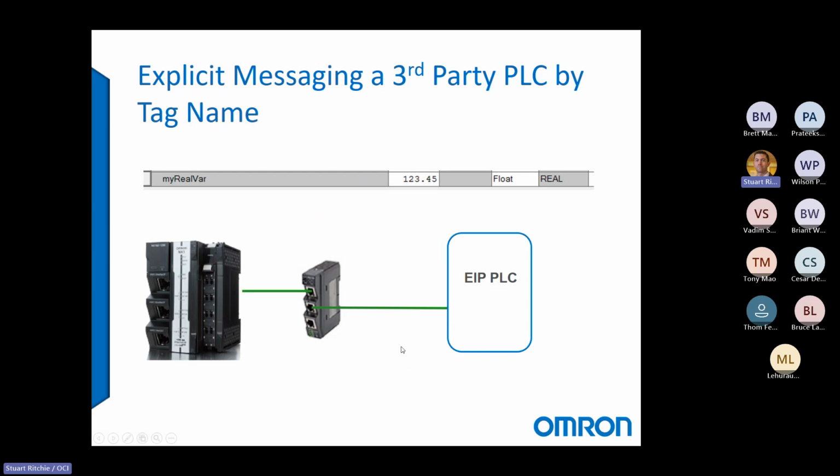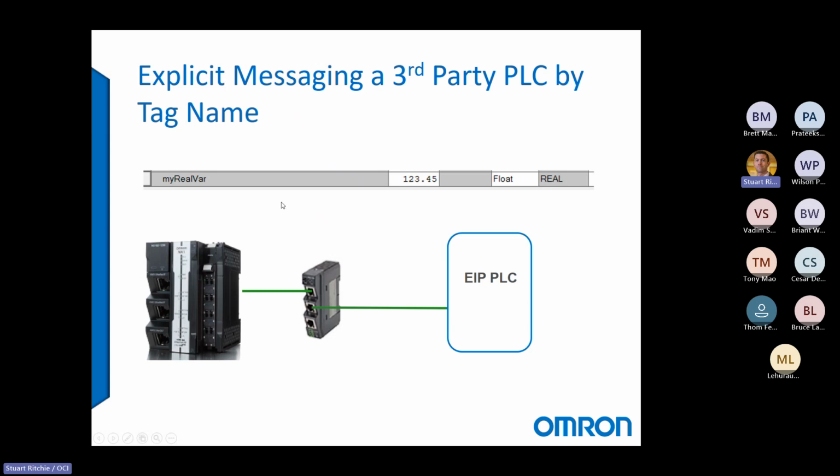So instead of specifying an address, we can actually specify the name of a tag in a tag-based PLC, and we can just read that tag by tag name. It simplifies getting that data, not having to assign addresses to variables, that kind of thing.